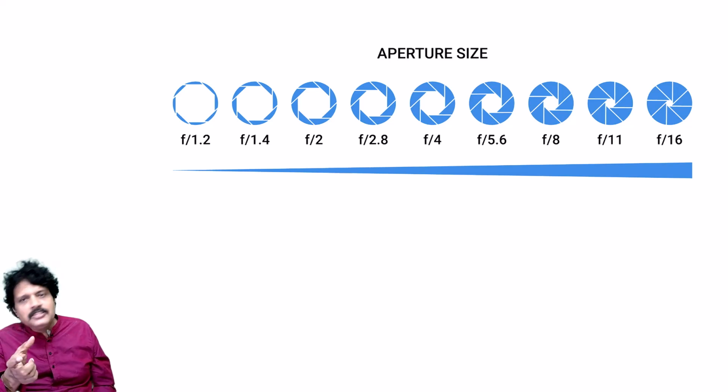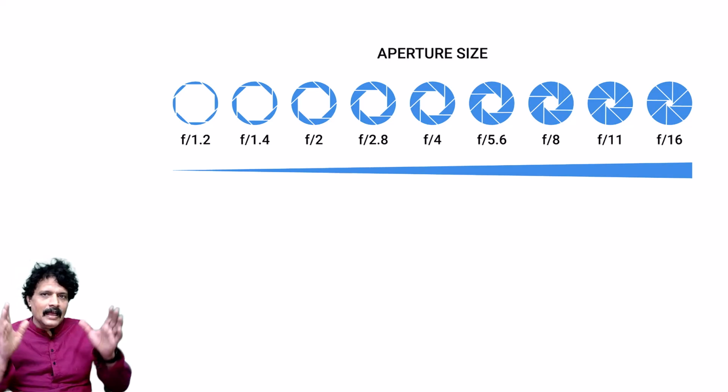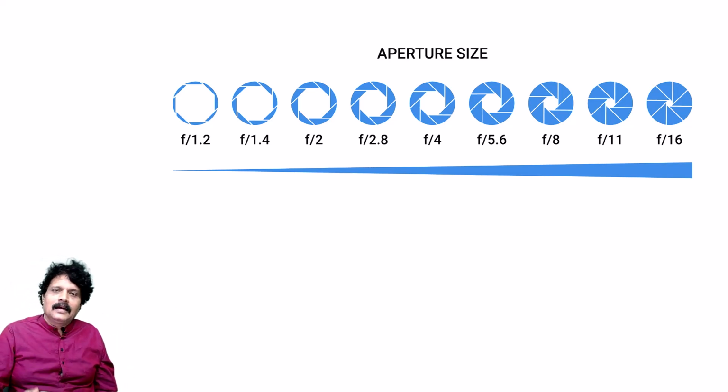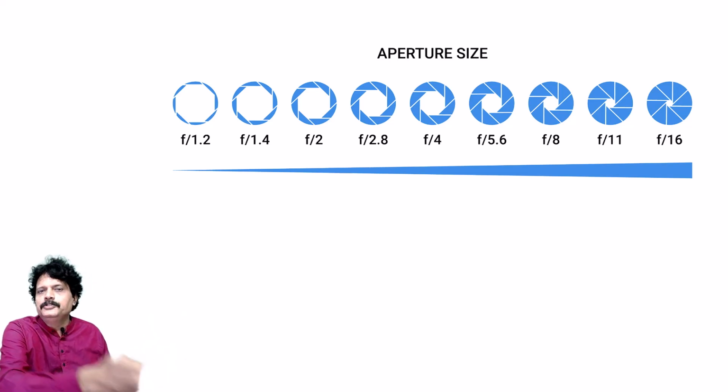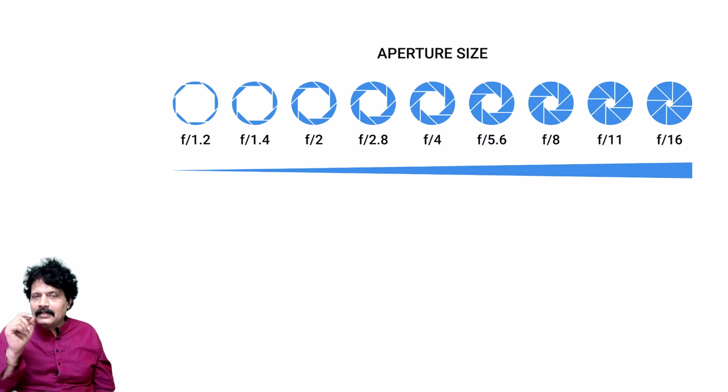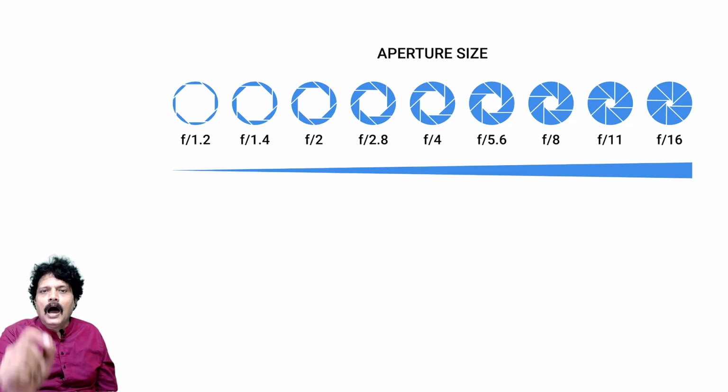When I change this diameter, the intensity of the light changes, and this is like a valve. I can control how much light reaches the sensor from my object using the aperture.